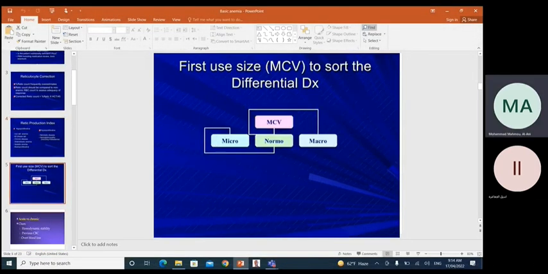Also, we can divide anemia according to the size. The size, we take the mean corpuscular volume, and the units for mean corpuscular volume is femtoliter. So if it is a small RBC, we will see in the slides.